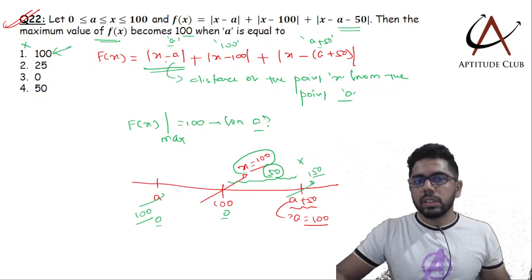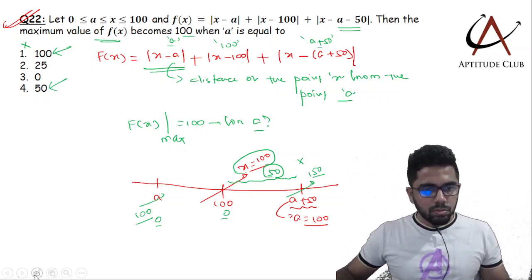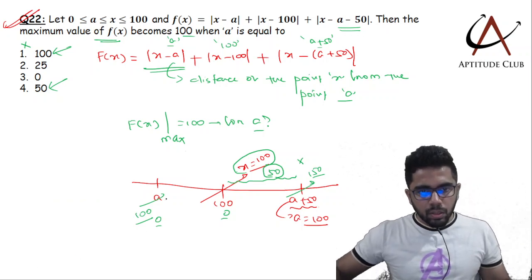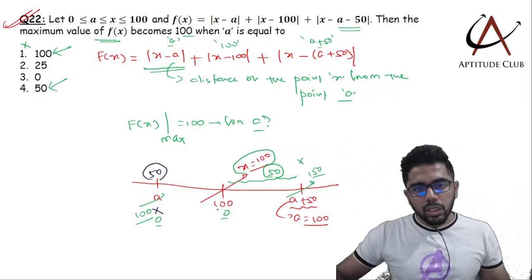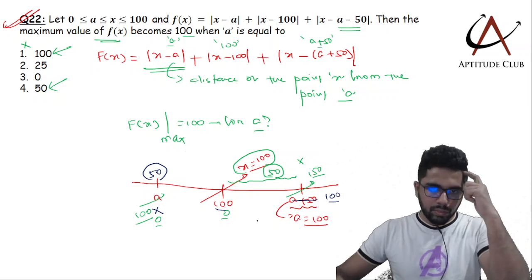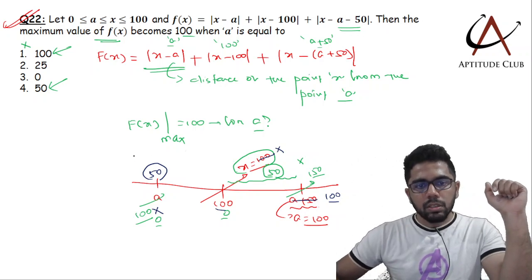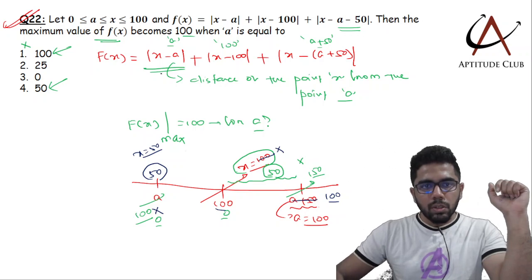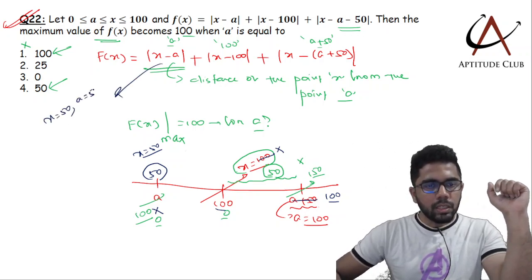मुझे ओवरऑल डिस्टेंस 100 चाहिए, तो मैं 100 के जगह अगर a को 50 लेते हैं, सपोज आई टेक a एज 50, इंस्टेड ऑफ 100, तो ये 100 हो गया एंड दिस इज 100. ठीक है, एंड x को मैं 100 ना लेके मैं x को 50 ले लेता हूं. तो इस इक्वेशन में पुट x as 50 and a as 50.